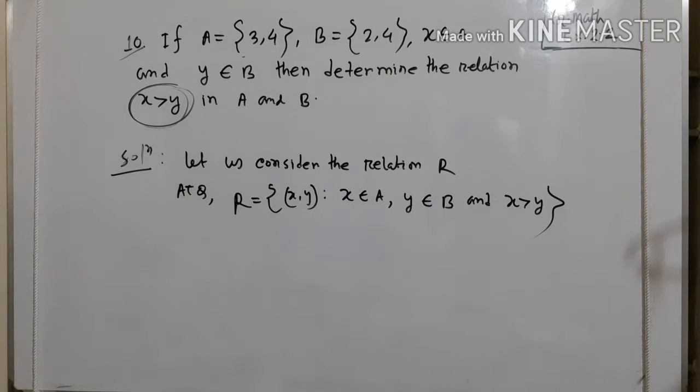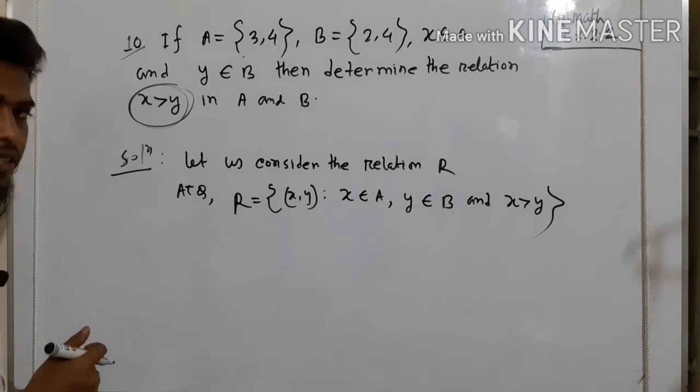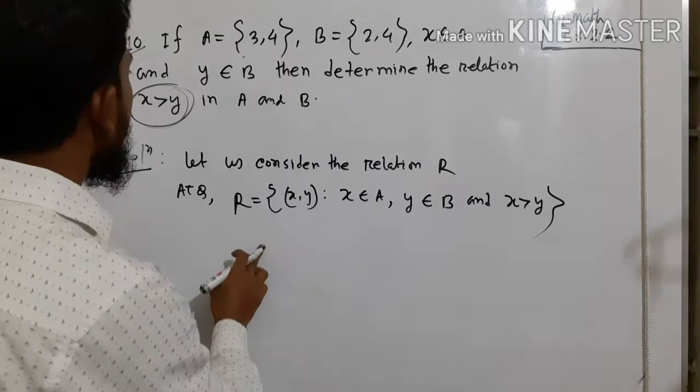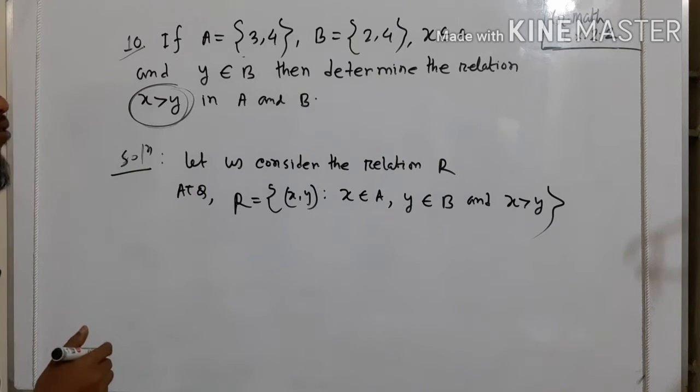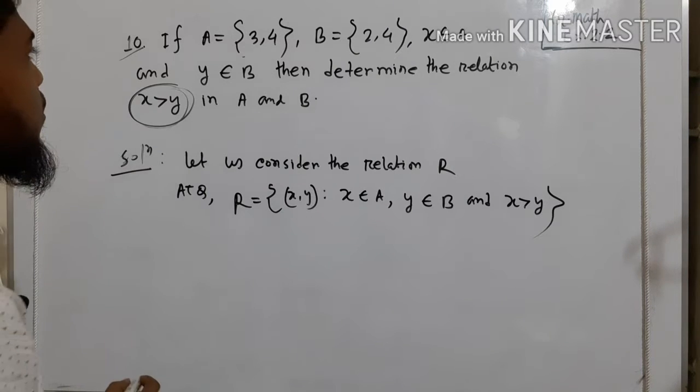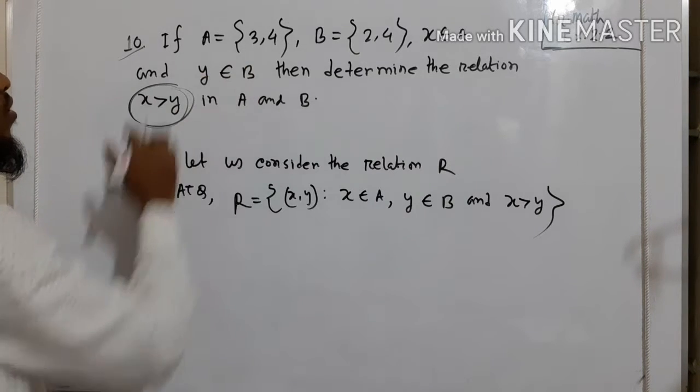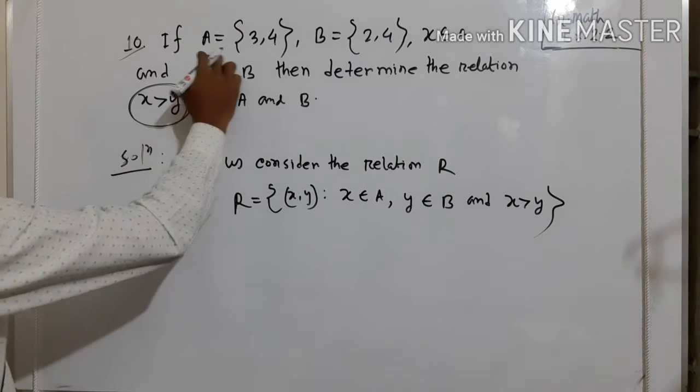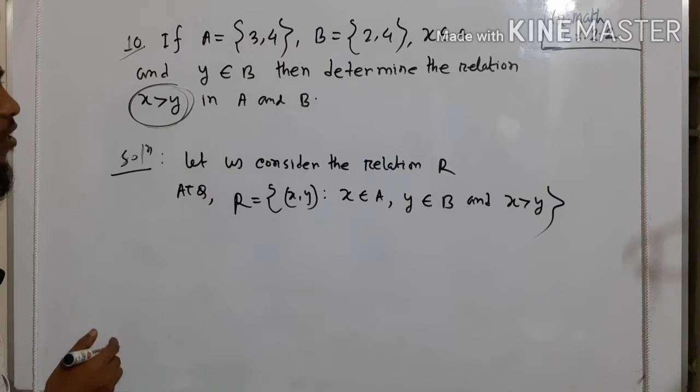Now I will find the required relation from this condition. So first of all I will find the cross multiplication between two sets, that means the Cartesian product.